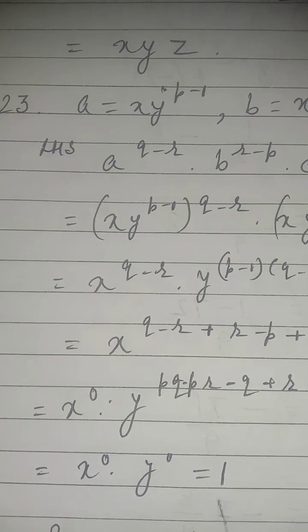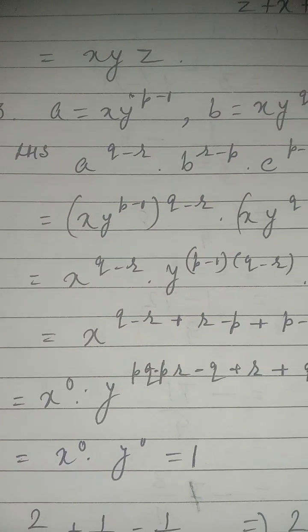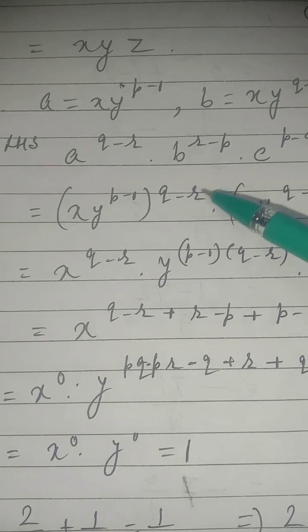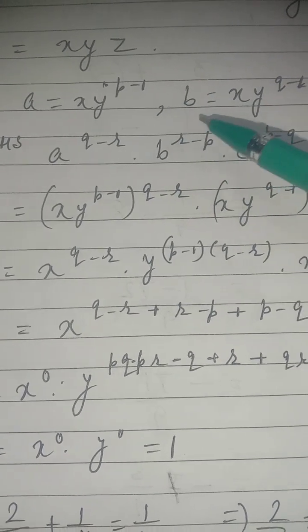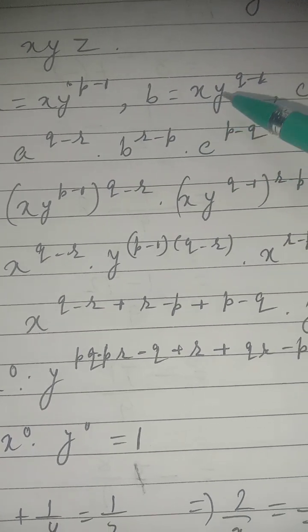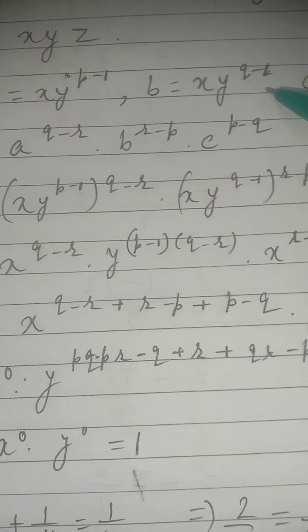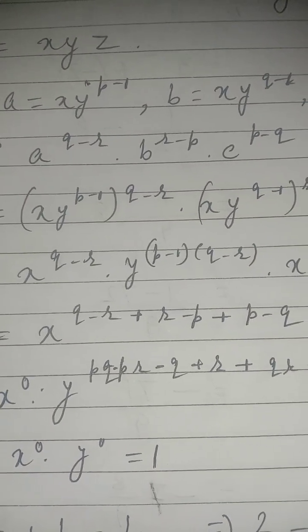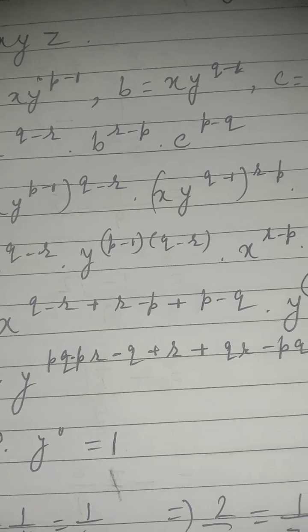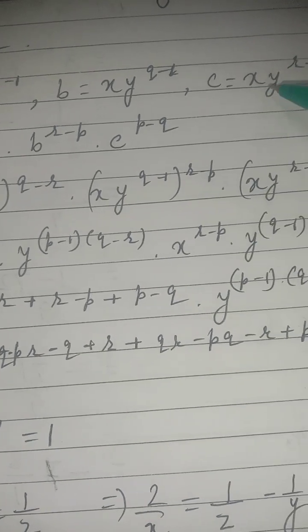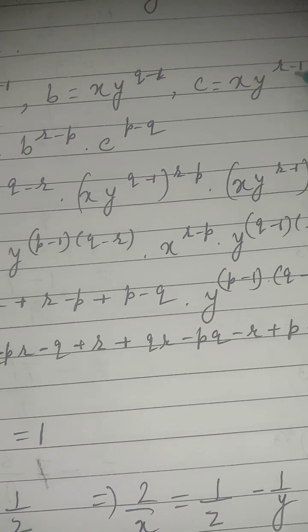Now question number 23: given a = x y^(p-1), b = x y^(q-1), and c = x y^(r-1).